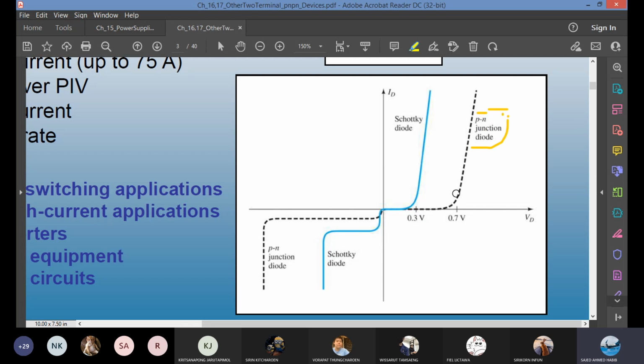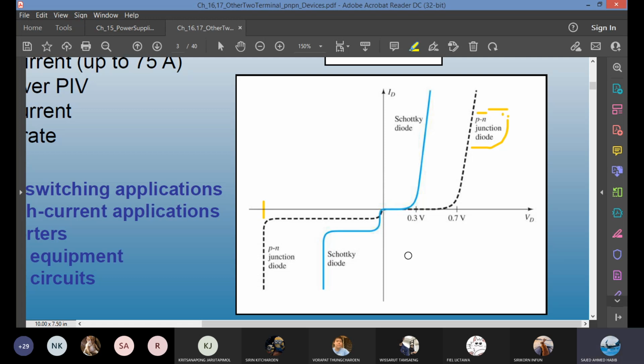Around 0.6, 0.7 volt, and all the current comes up. In reverse bias, compared to the Schottky diode, you can apply a high reverse voltage before it starts breaking down. Now it's going into the Zener region.